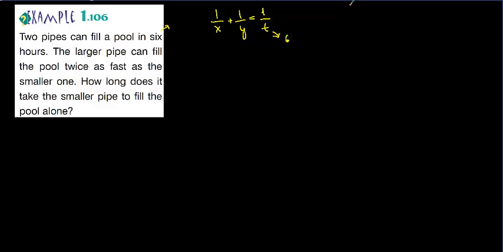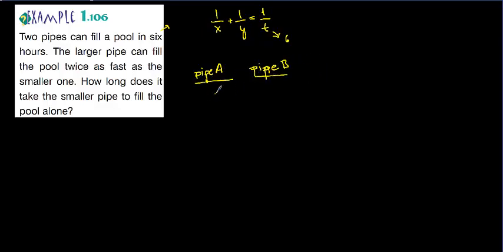And the larger pipe can fill the pool twice as fast as the smaller one. So the rates are going to be like this. Let's say pipe A and pipe B here.